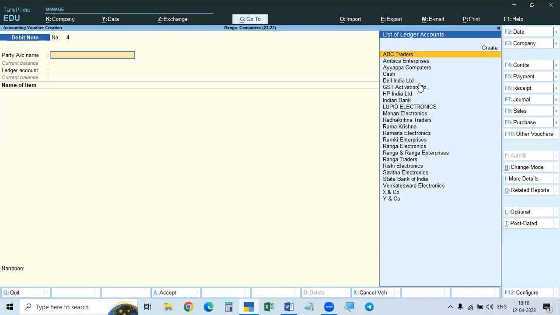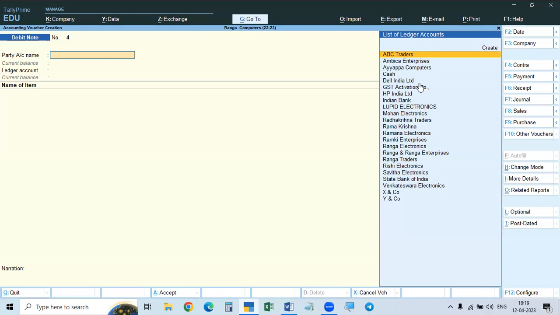So the buyer will not issue only debit notes, he will issue credit notes also. Depending on the reason, the buyer will issue a debit note as well as a credit note.